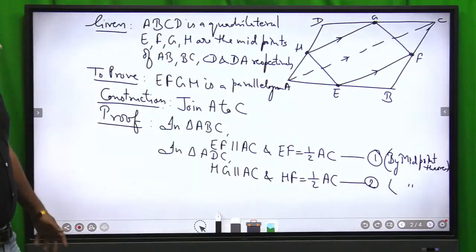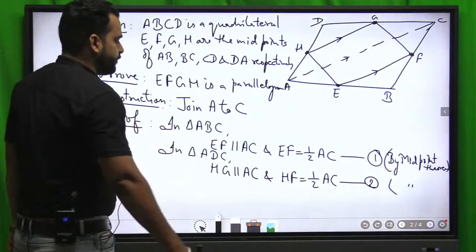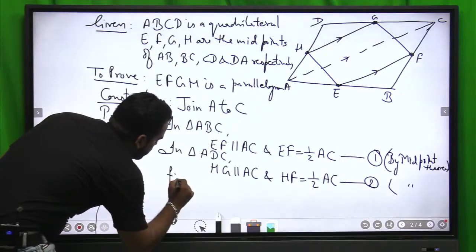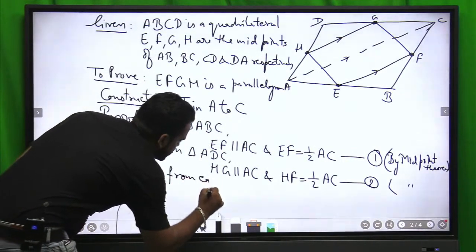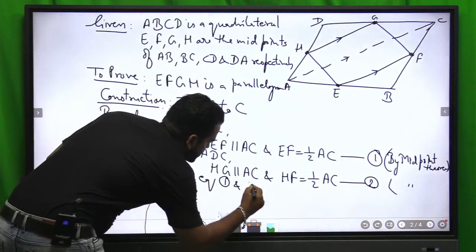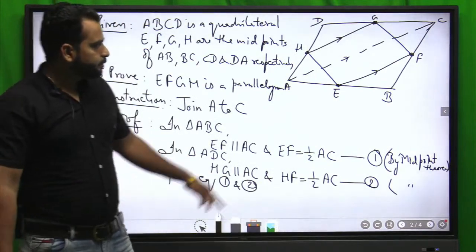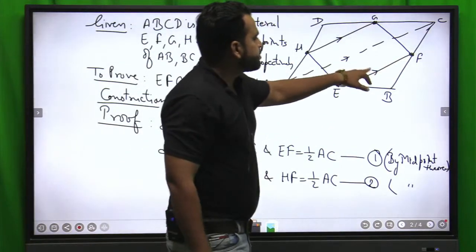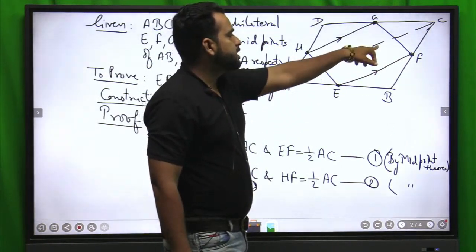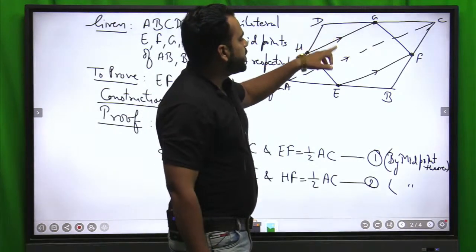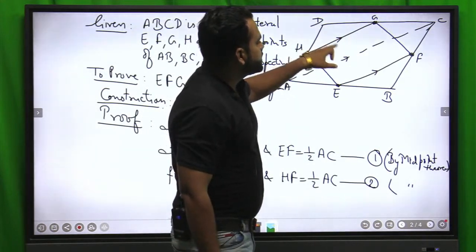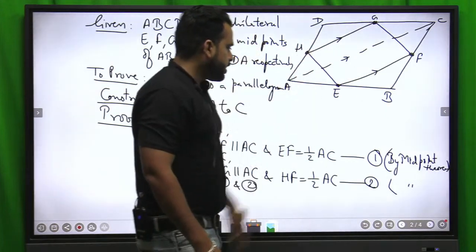Okay. Now from equation first and second, look at this. If EF is parallel to AC and HG is parallel to AC, that means indirectly these two sides are also parallel.